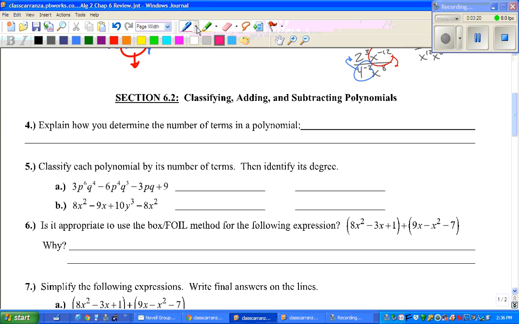All right, section number 2, classifying, adding, and subtracting polynomials. Explain how you determine the number of terms in a polynomial. Well, to do that, you should know that terms are separated by addition and subtraction.